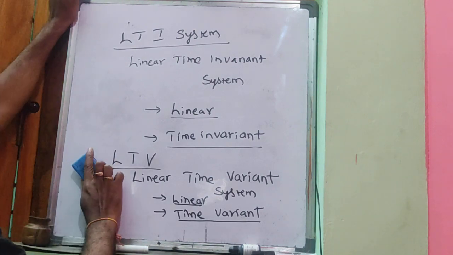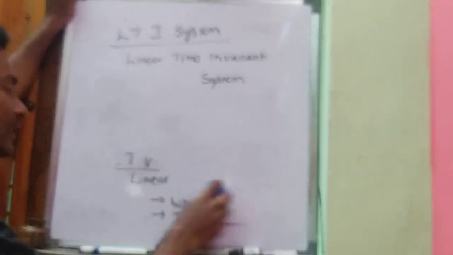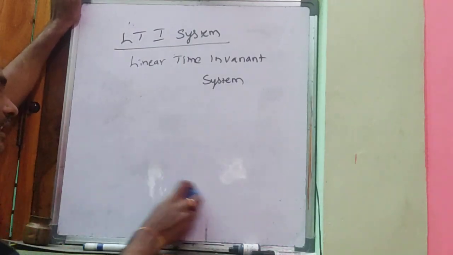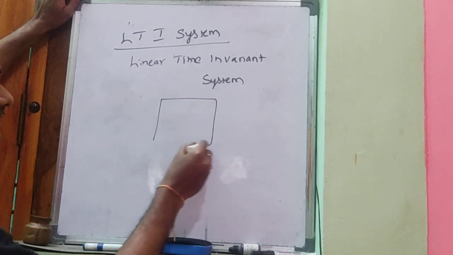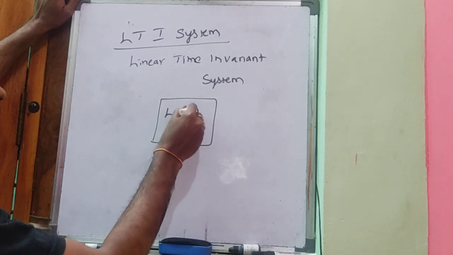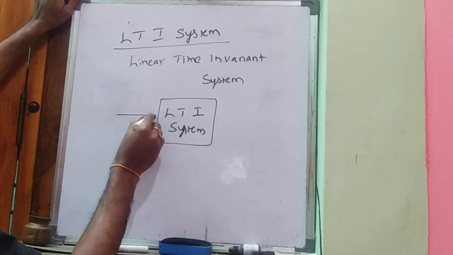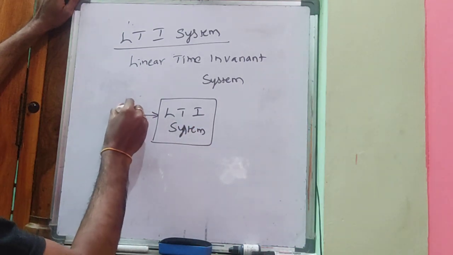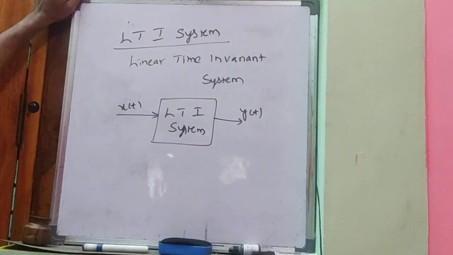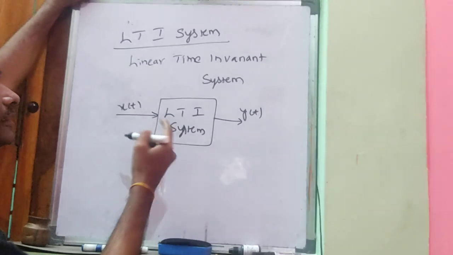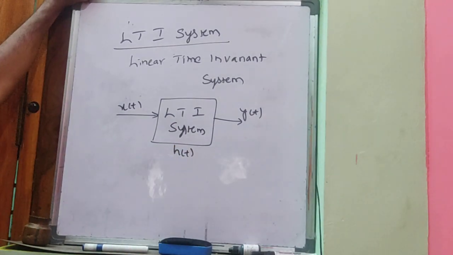Coming to linear time invariant systems, let us consider an LTI system where the input is x of t and the output is y of t. The impulse response of the LTI system we represent as h of t.